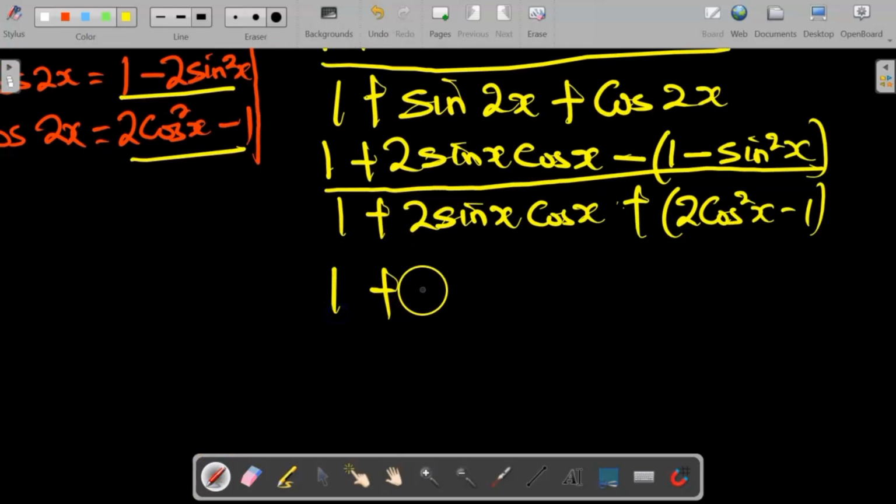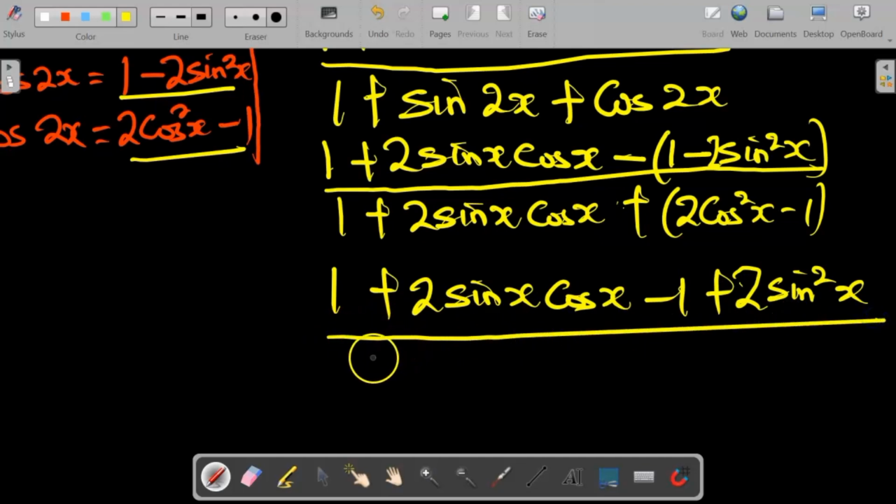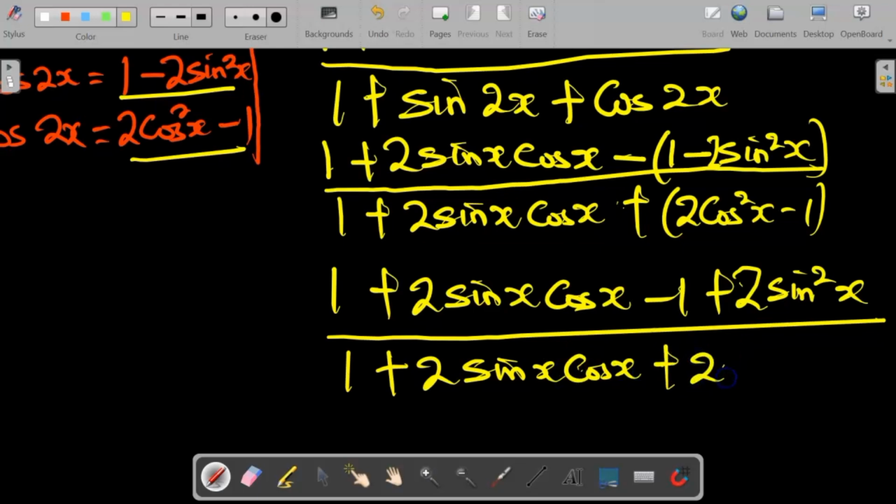So we have 1 plus 2 sine x cos x, open the bracket, minus 1, then minus and minus plus 2 sine squared x, over 1 plus 2 sine x cos x plus 2 cos squared x minus 1.